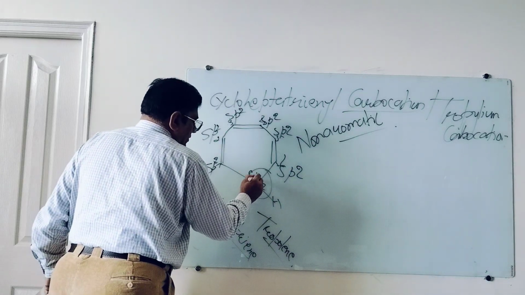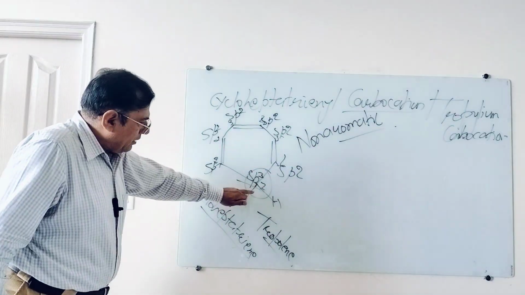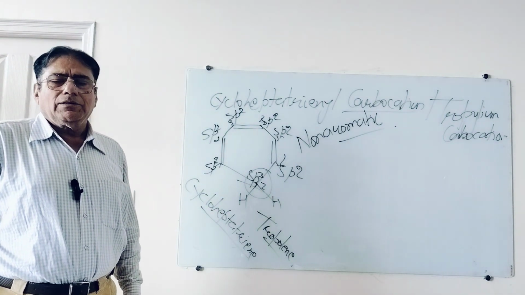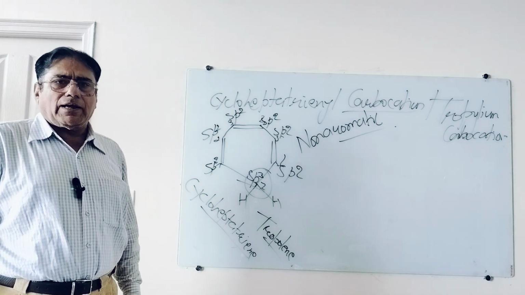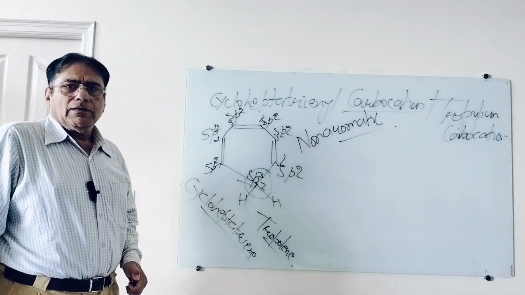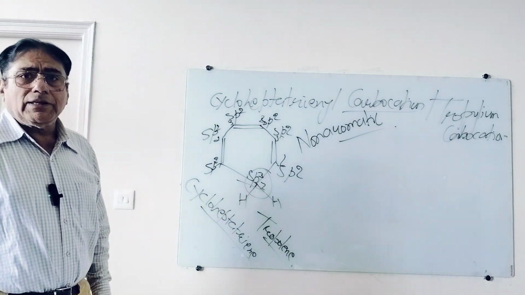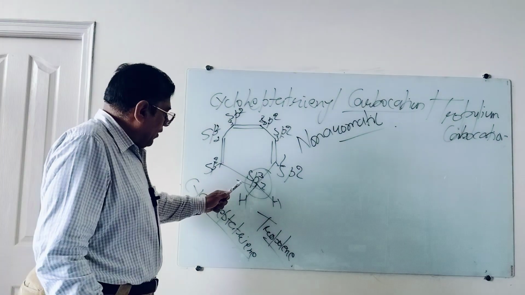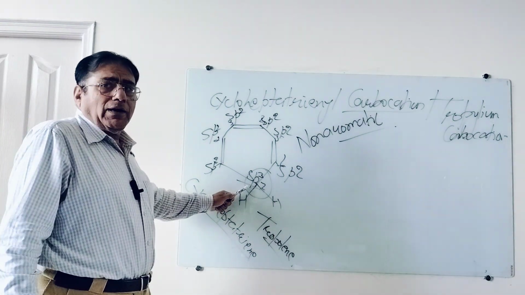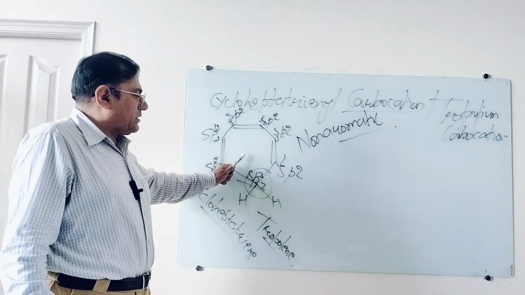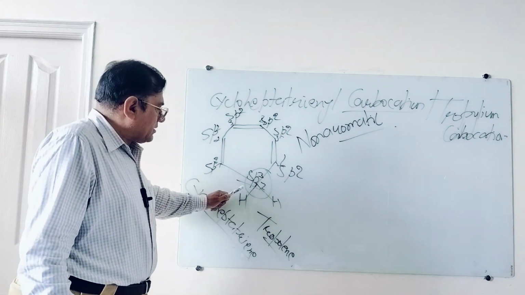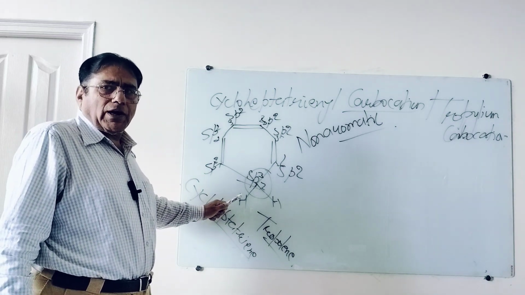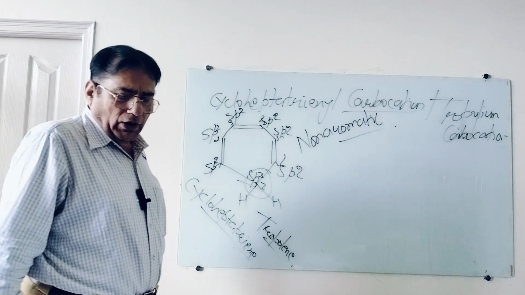But this 7th carbon is sp3 hybrid, because I have already shown 2 hydrogens, tetravalent. The structure is not planar. 6 pi electrons are there, cyclic is there, alternate pi bonds are there. But this is not aromatic, this is non-aromatic due to the presence of 1 sp3 hybrid carbon among 7 carbon atoms. 6 are sp2 hybridized, all right. But the 7th carbon makes nuisance; due to the non-planarity of the tetrahedral carbon, the system becomes non-aromatic.